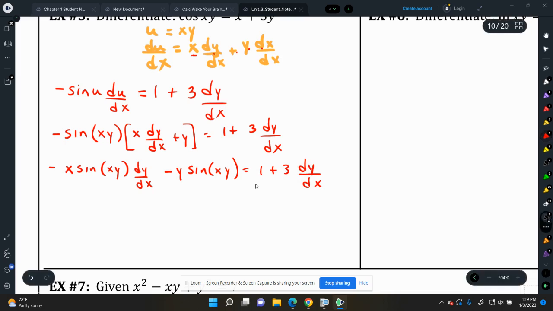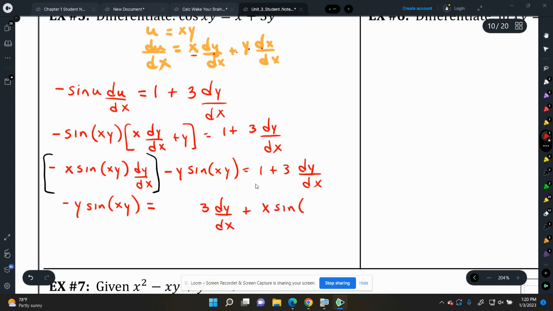So I'm going to add this term to both sides. Okay, so I have negative y sine xy equals 3 dy dx plus x sine xy dy dx. Oh my goodness.